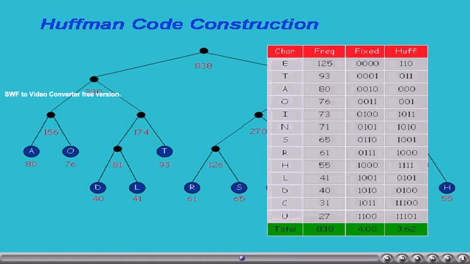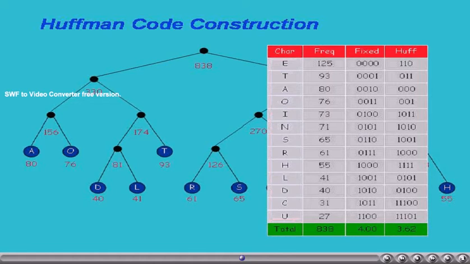E is the left child of its parent, thus 0, and its parent is the right child of its parent, thus 1, and that parent is right of the root node, thus 1. So the code of the node E is 110. Like this, the codes are designed for this data.